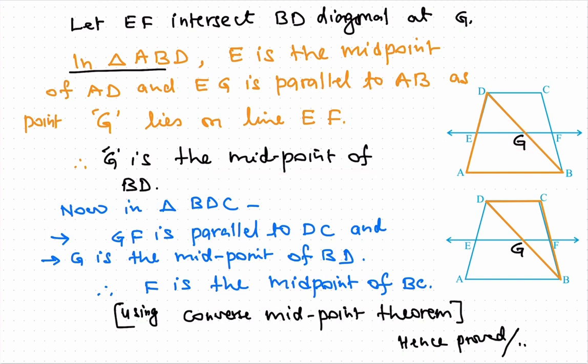Similarly, if we consider triangle BDC, we proved that G is the midpoint of BD and this G is lying on this parallel line EF. Therefore, GF will be parallel to DC, and in this triangle BDC, G is the midpoint and GF is parallel to DC.